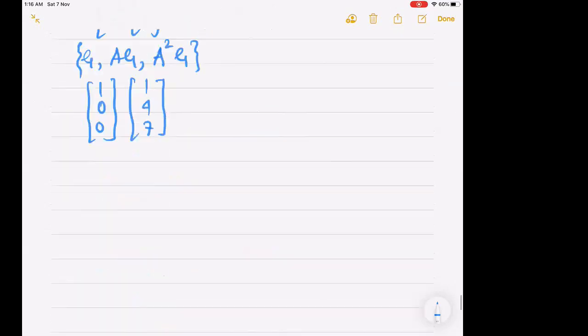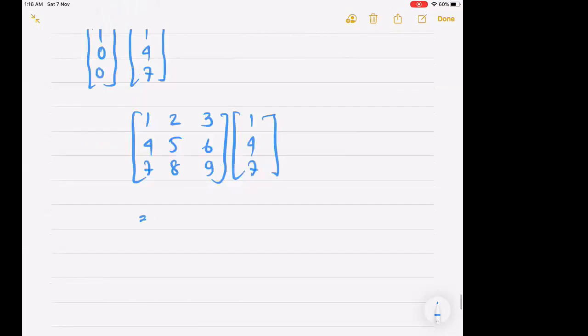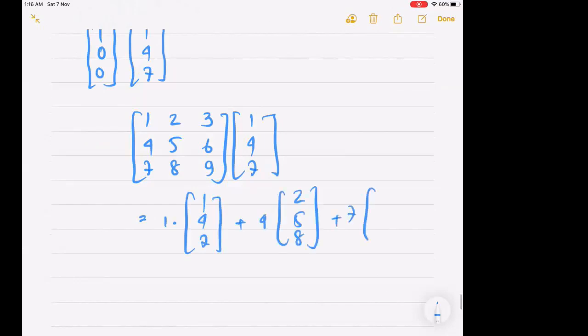A squared E1 is 1 times 1 4 7 plus 4 times 2 5 8 plus 7 times 3 6 9.